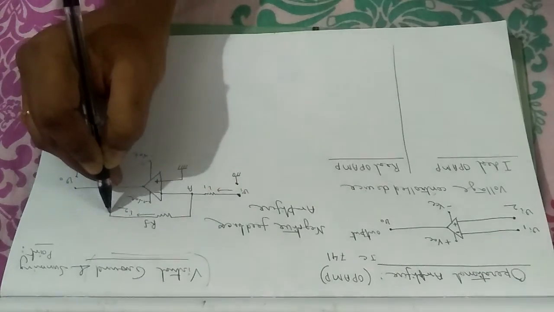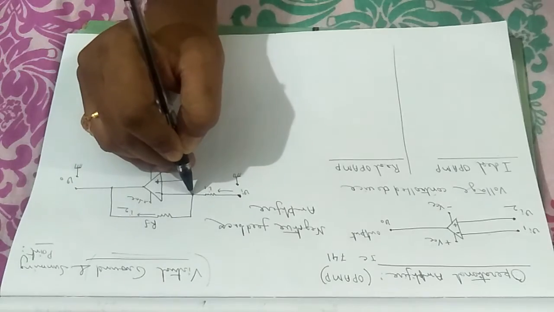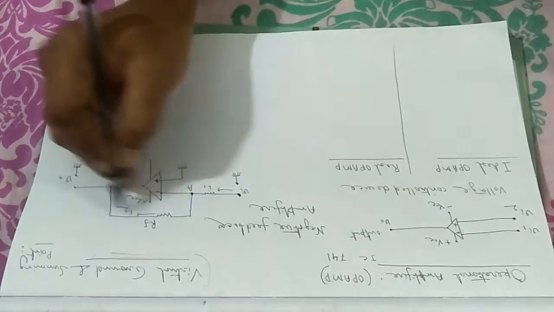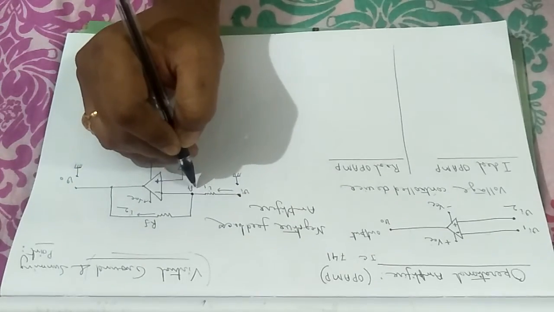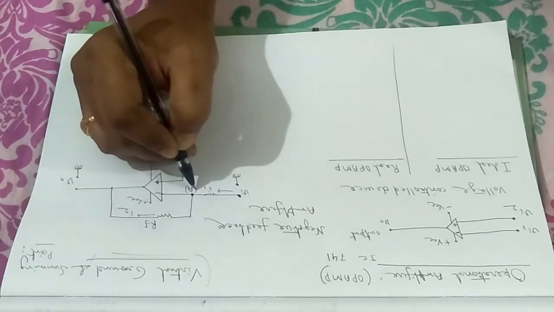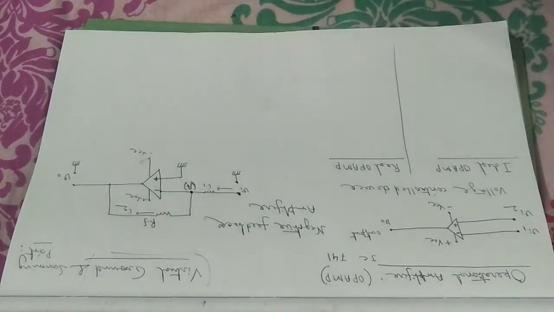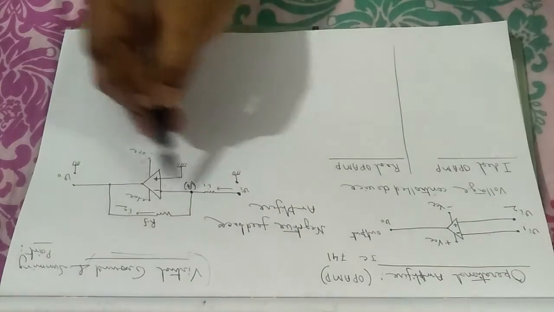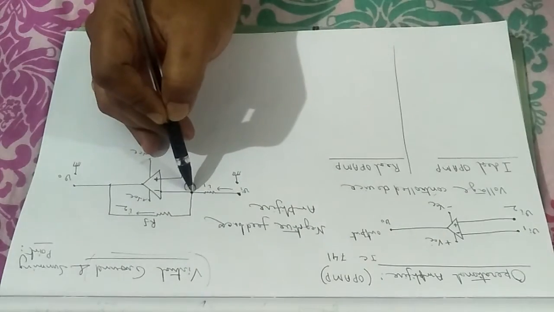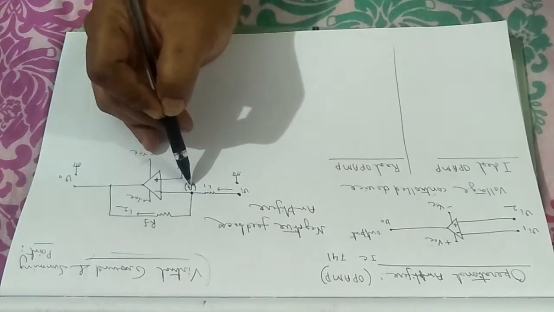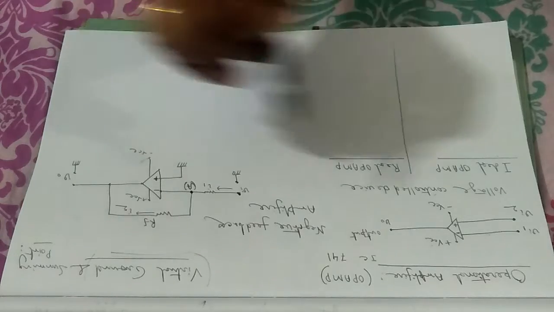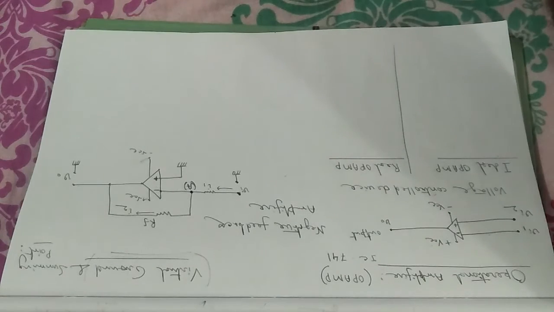A part of the output is again being fed into the input, and at this point the two currents are being added. That is why this point A will be called the summing point. That is, two currents, from the input and from a part of the output, are being summed at point A. That is why point A is called the summing point.